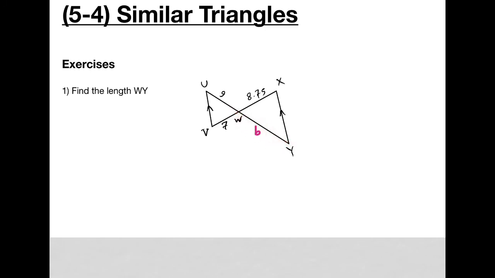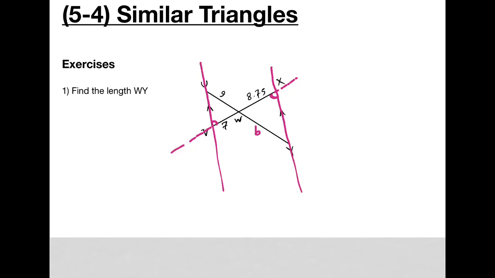But first of all, why are these two triangles similar? Okay, so you see this line over here, this one is parallel to this one, and this line is the transversal line, right? So this angle will be congruent to this angle according to the parallel and transversal theorem that we had before.